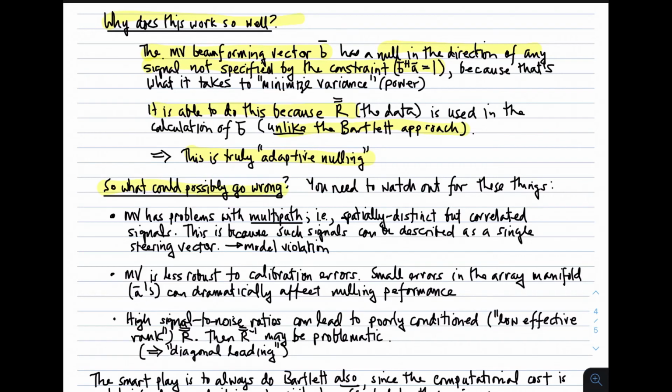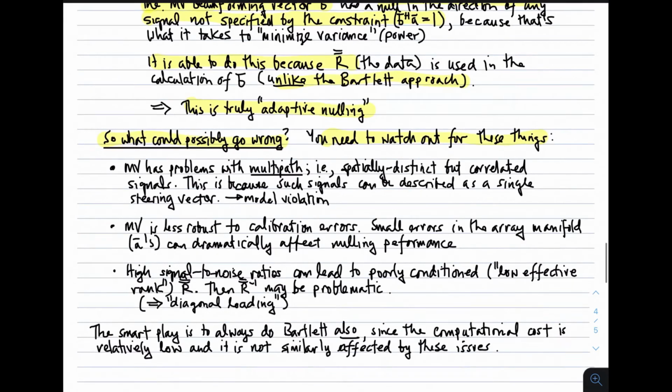What could possibly go wrong with MV beamforming? Seems like everything is turning up roses here. Well, you need to watch out for a few things, and let me identify those so that you know to look for them. First, MV has problems with multipath. Multipath is spatially distinct but correlated signals.